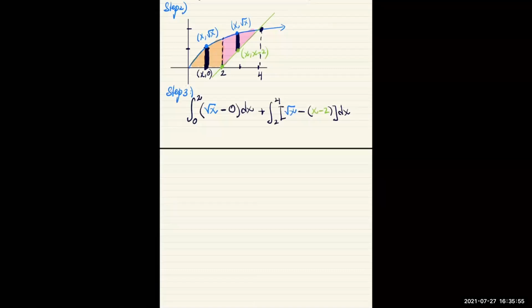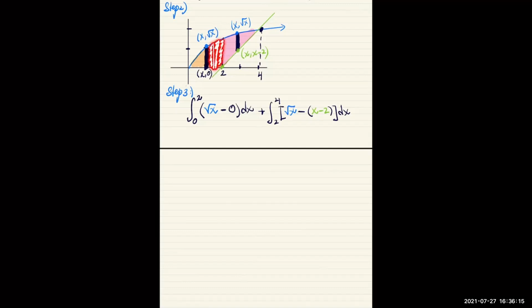Well, who said that you have to take your rectangles like that? You're taking this region and cutting it into pieces, finding the area of those pieces and adding them up by integrating. Who said that you have to cut like that?